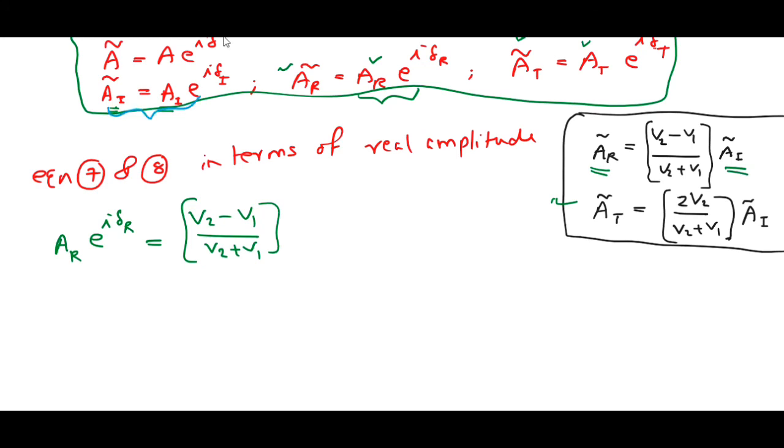Therefore, let us substitute AI complex is equal to AI e^(i delta I) to here. That is AI real amplitude e^(i delta I). This is the real amplitude of the reflected wave in terms of the real amplitude of the incident wave. Okay, that is in terms of the real amplitude and real phase.